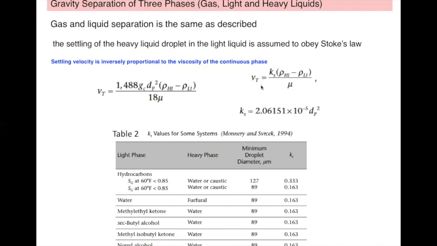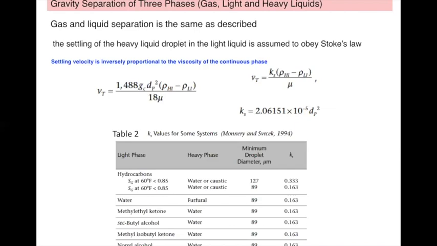So from the heavier liquid continuous phase, the lighter liquid will go to the lighter part, and from the lighter liquid continuous phase, the heavier liquid which is inside the lighter liquid will go to the heavier part. In this way it is separated, right? So this settling velocity is given by one empirical constant Ks times the density of heavier liquid minus the density of lighter liquid, divided by mu, and the mu will be the viscosity of the continuous phase, right? So suppose you are trying to find the settling velocity of lighter liquid. So lighter liquid will separate out from heavier liquid, right? So the heavier would be the continuous phase.